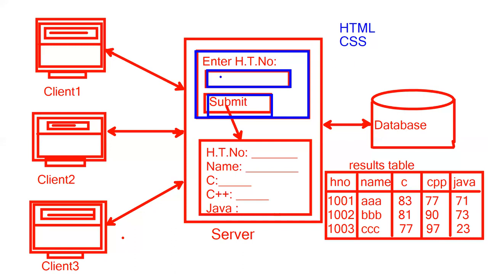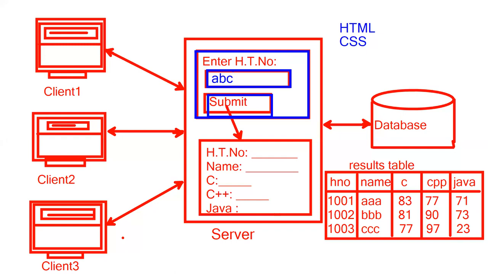You observe. Suppose your hall ticket numbers are digits. Suppose by mistake you enter ABC. Actually, is an ABC hall ticket number there in the database? No. Here, the format is wrong first. Suppose 1001, 1002, 1003, 3 hall ticket numbers are there.